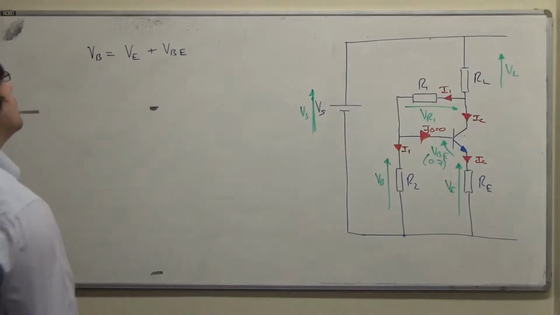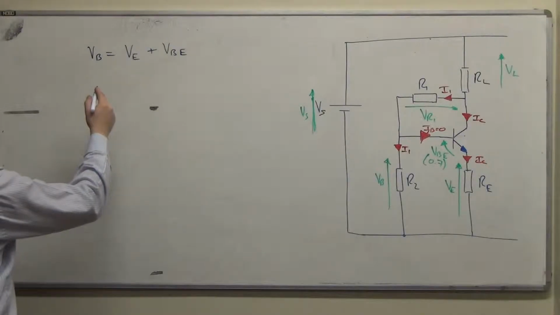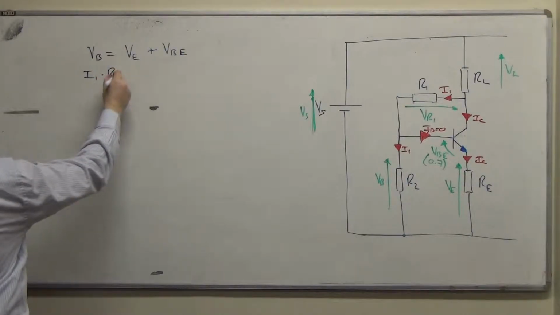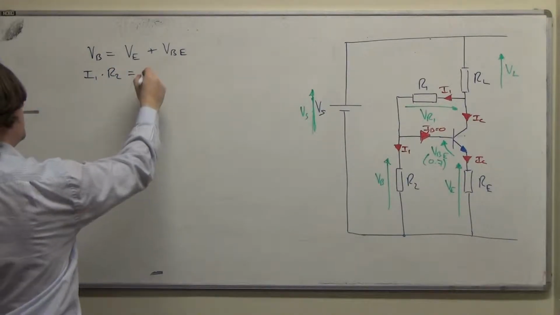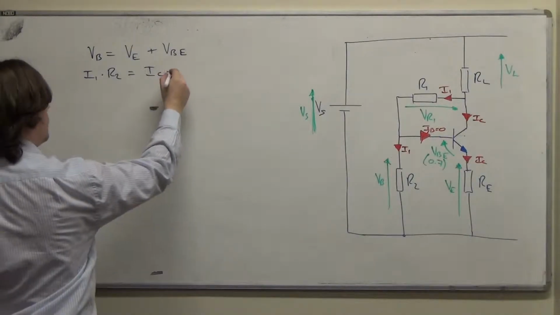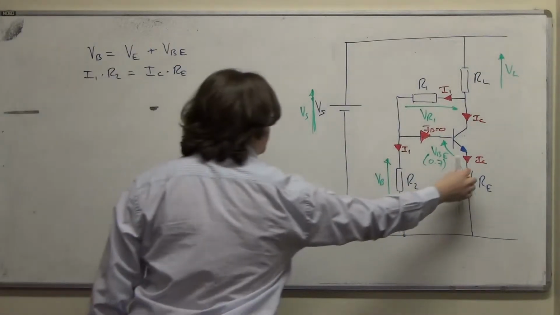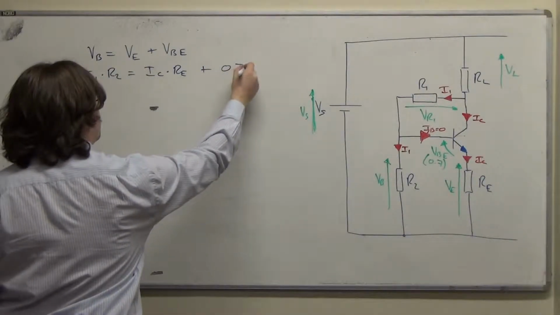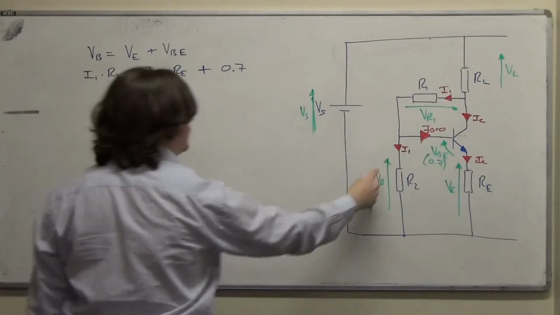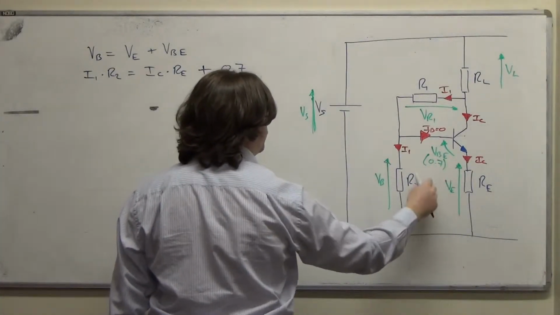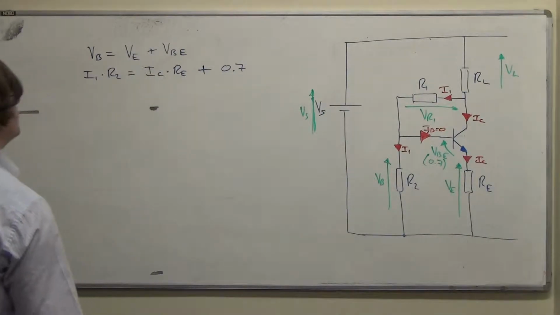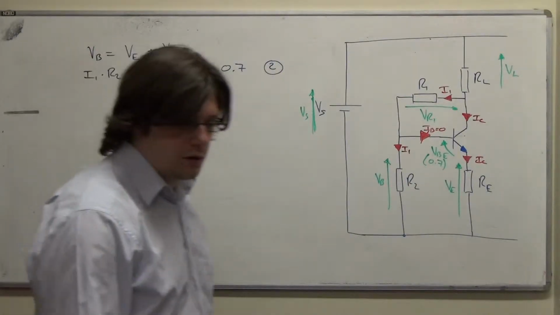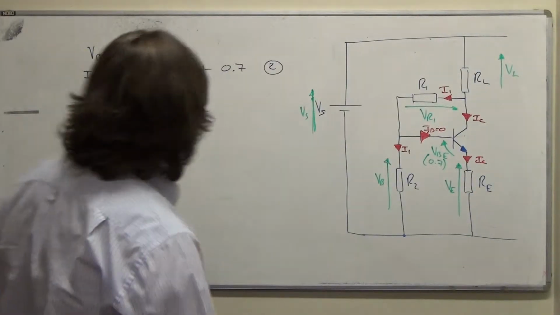So we have VB is I1 times R2 is equal to IC times RE, which is Ohm's law for that resistor there, plus 0.7 volts, so this voltage is that voltage plus that voltage, but written in terms of the currents that flow through the resistors. So we'll call that, I think that's called 2 in the notes actually. Yes, it is.